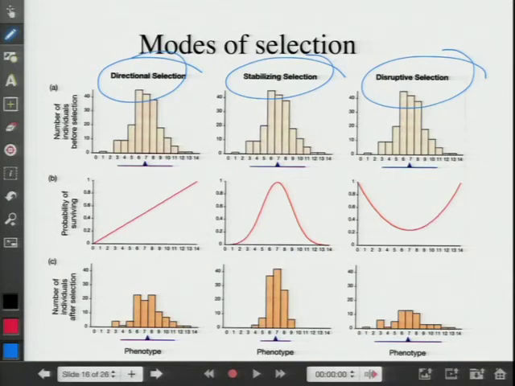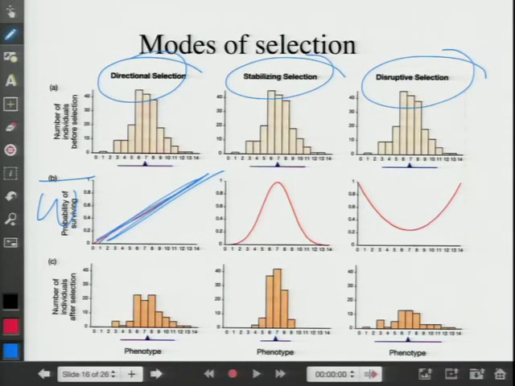That's not what evolution is about. This ought to just be fitness. So if fitness as a function of the trait is going up like this, that means phenotypes on that extreme upper end are favored. That's why it's directional selection.